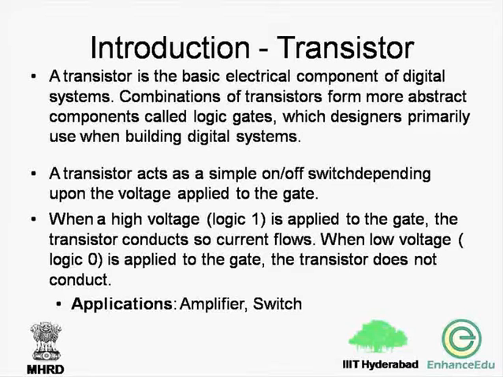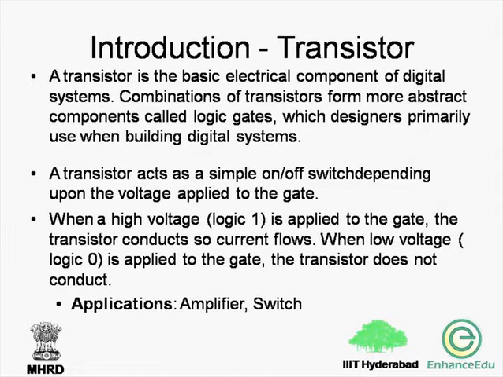As can be seen, the gate input is the input to the transistor. By controlling the gate input, the transistor can act as a switch which is on and passes all the current from source to drain and conducts if the gate is equal to plus 5 volts.